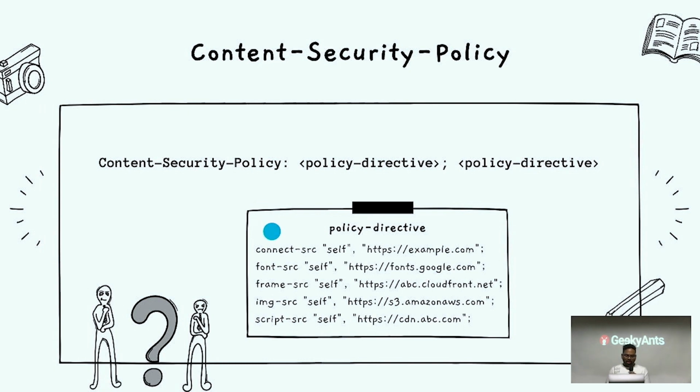So yeah, that's how it works. We can even tell which API endpoints we can call, and what kind of API calls we can make to a certain set of endpoints as well, making sure that our front end is only making API calls to the intended sources that we want it to call.